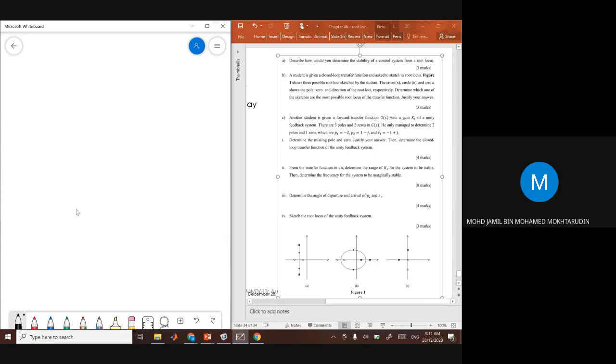So we know that root locus is a plot of poles for k from 0 to infinity, or maybe from negative infinity to infinity.